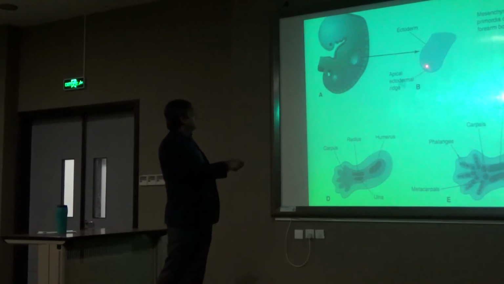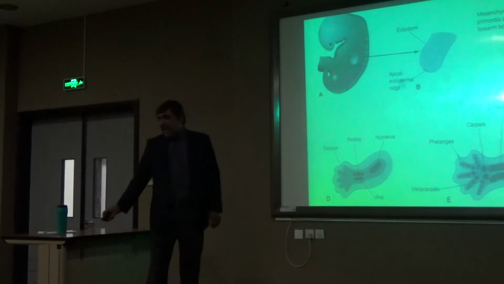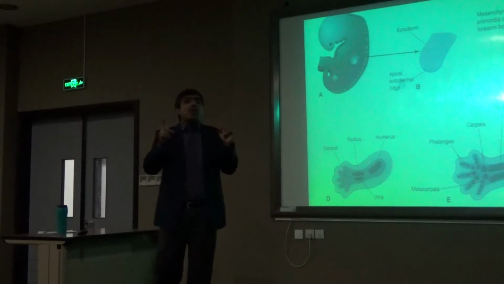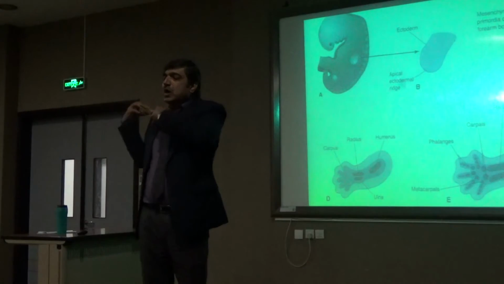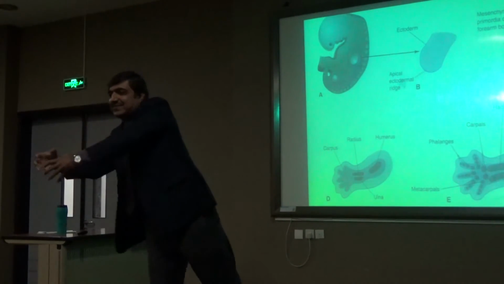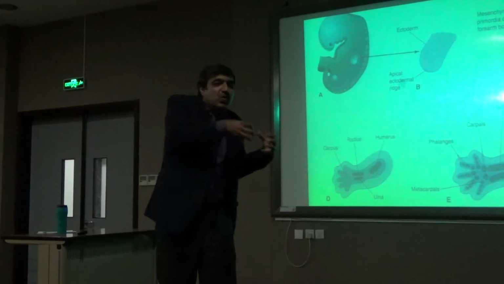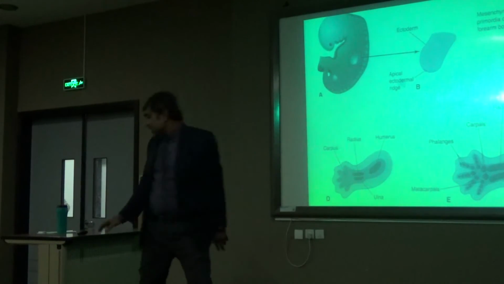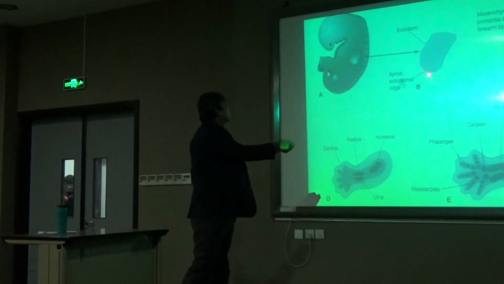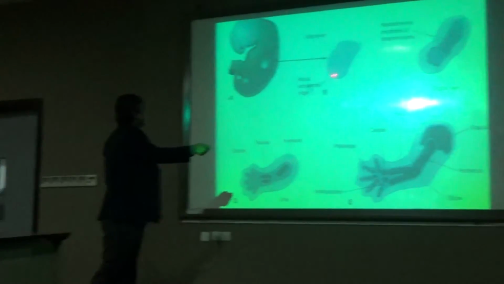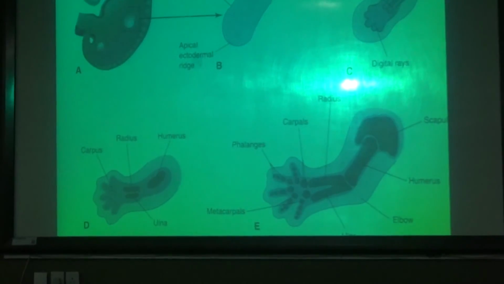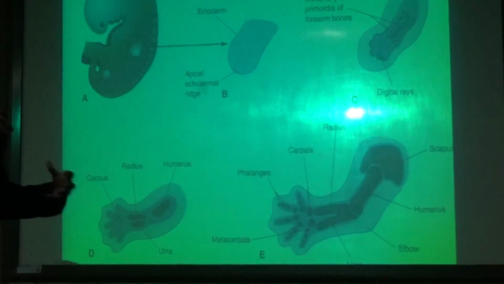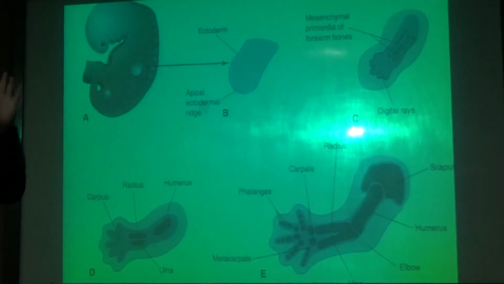This apical ectodermal ridge has a very important inductive influence on the limb to converge the cells distally. If I cut this portion or there is a defect in the apical ectodermal ridge, there is nothing to converge the cells distally to make the limb, so it will stop there.